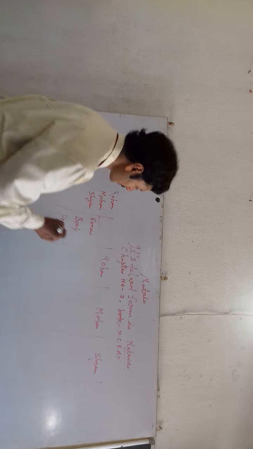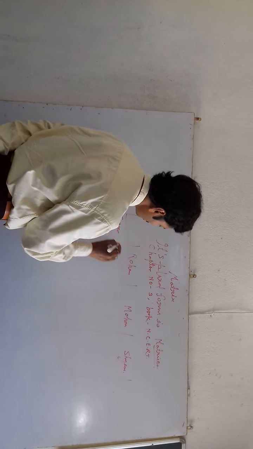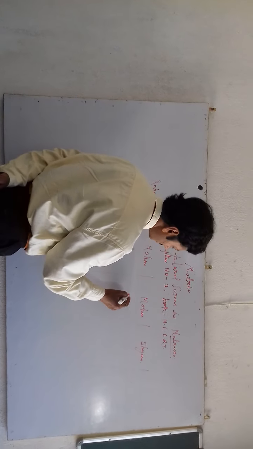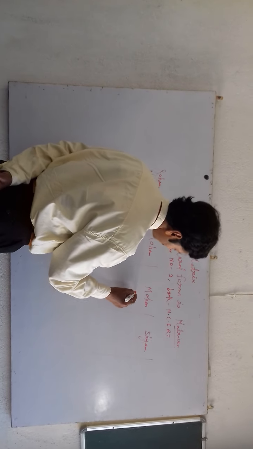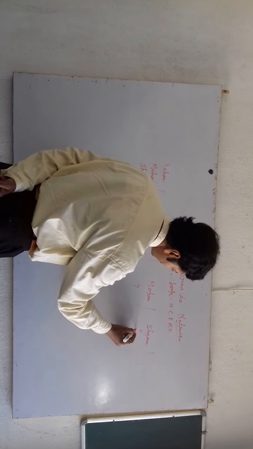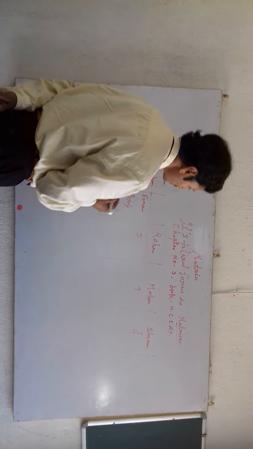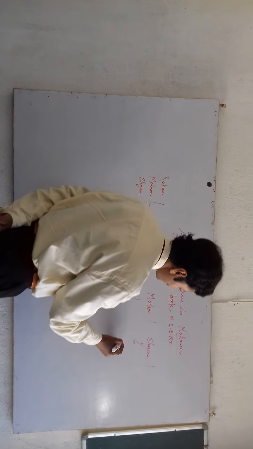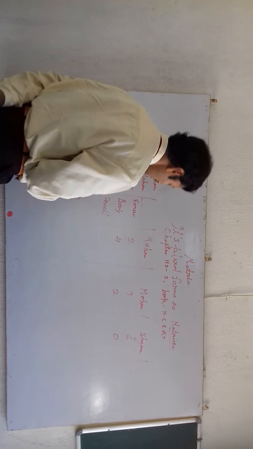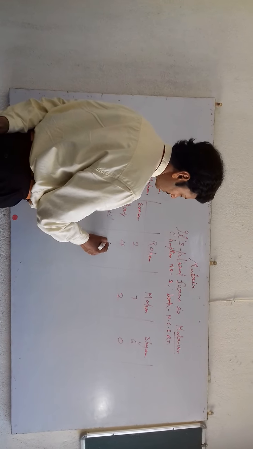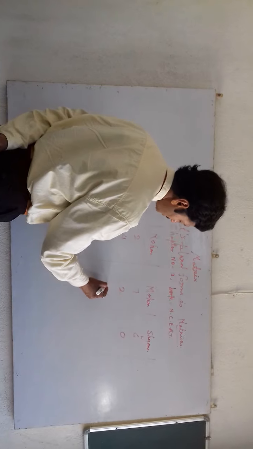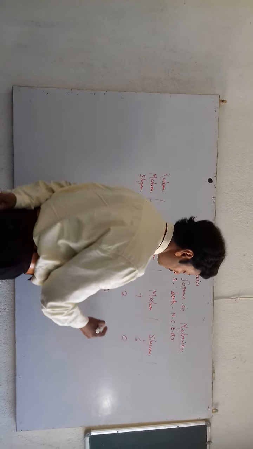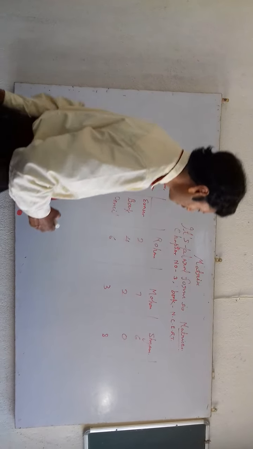Suppose Rohan buys 2 erasers, Mohan 7 and Shyam 6. Books bought by Rohan are 4, Mohan 2 and Shyam 0. Pencils bought by Rohan are 6, Mohan purchased 3 and Shyam purchased 8.